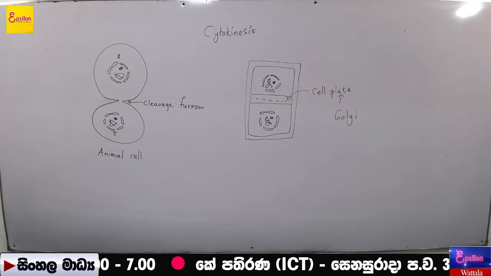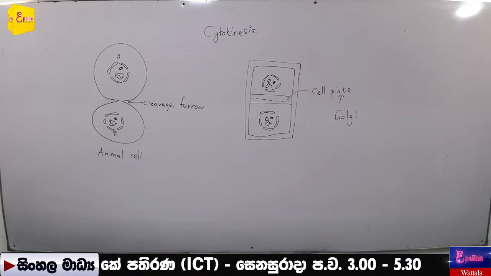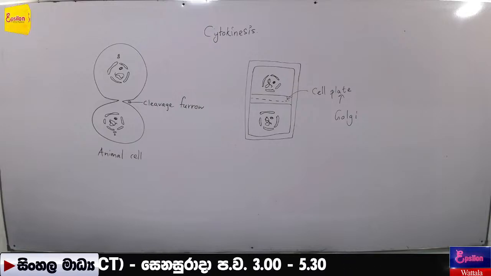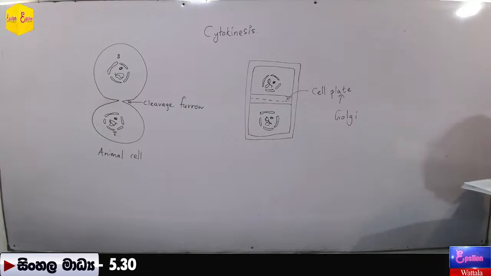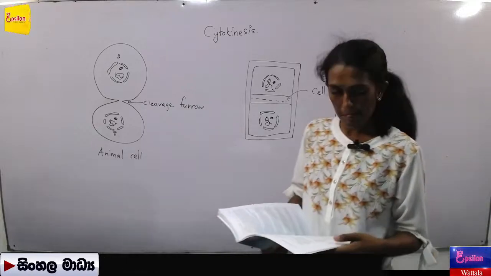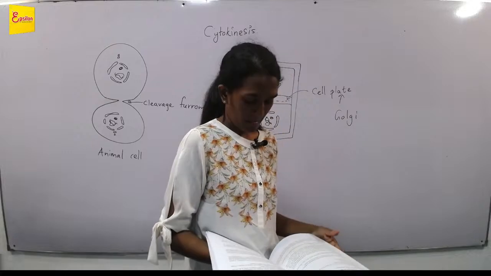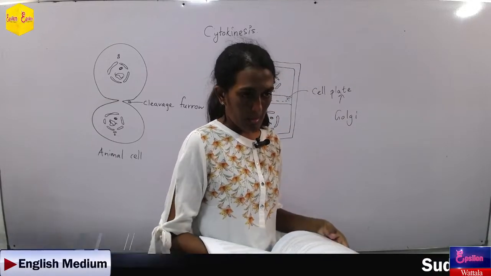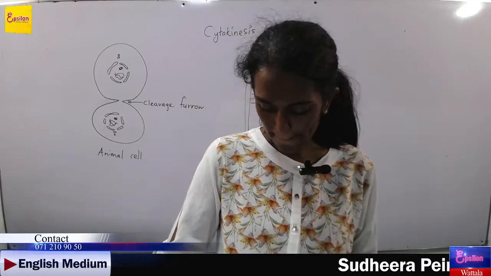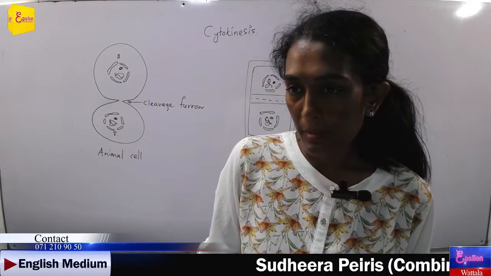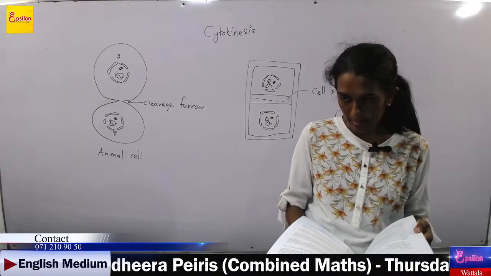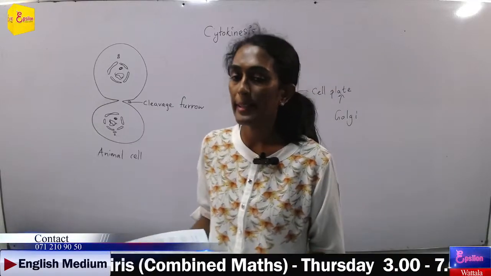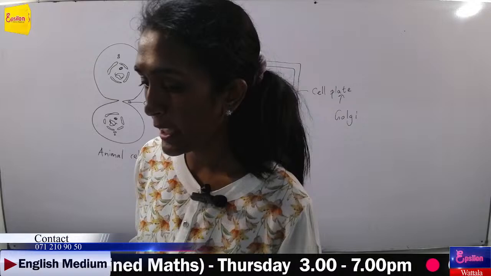Right there, quickly. The division of the cytoplasm starts at the end of telophase.